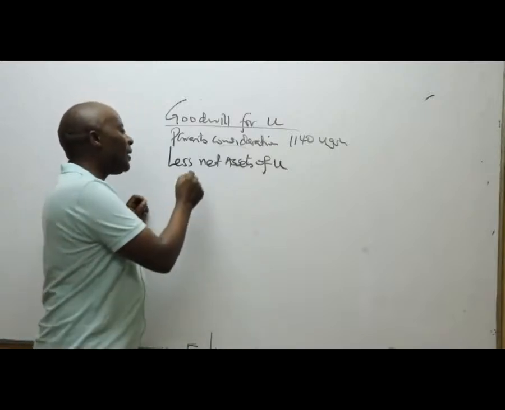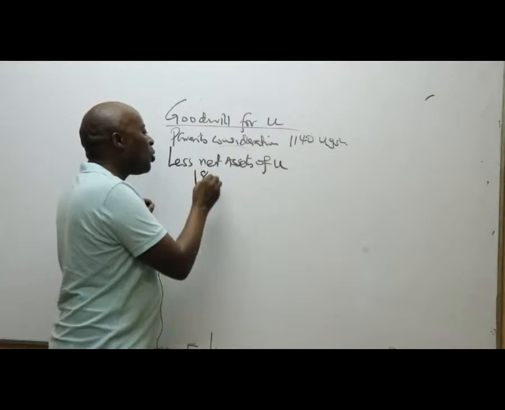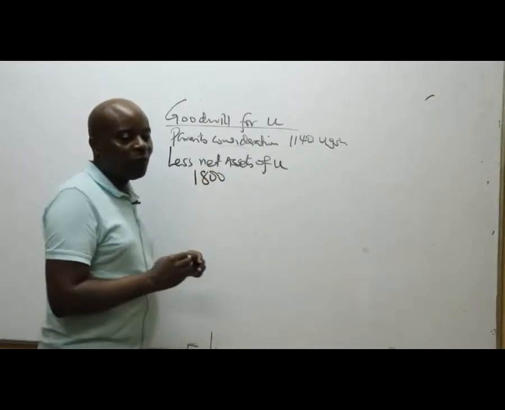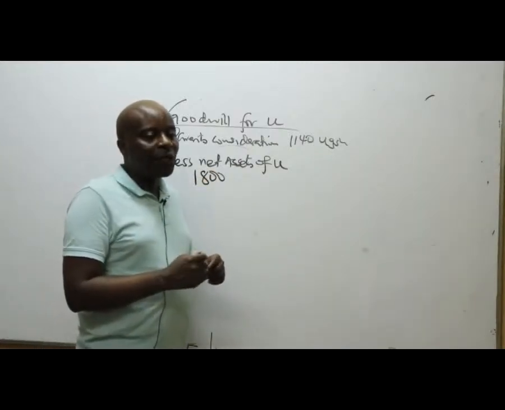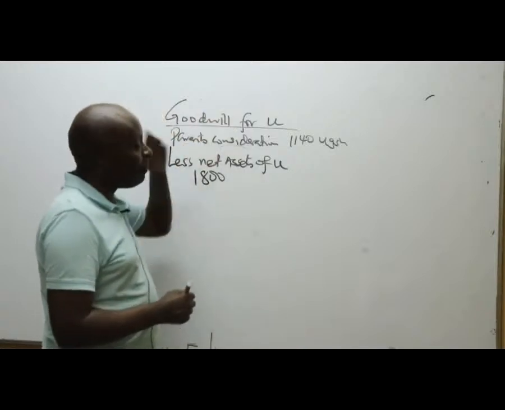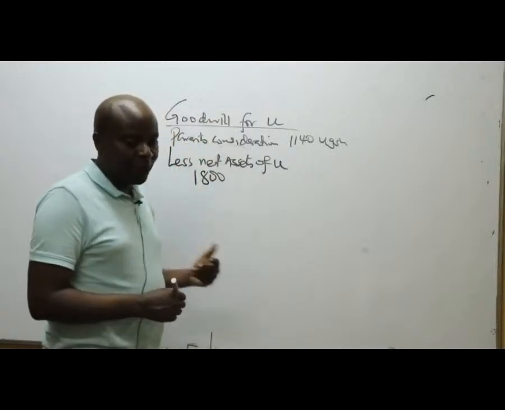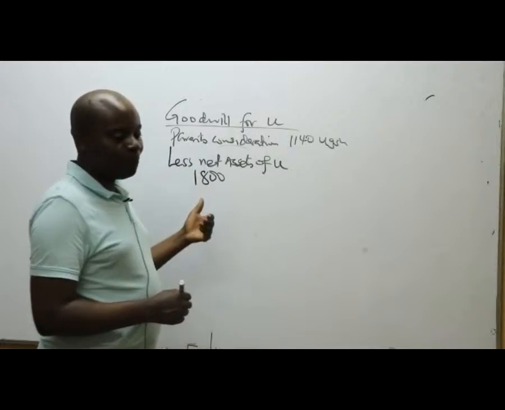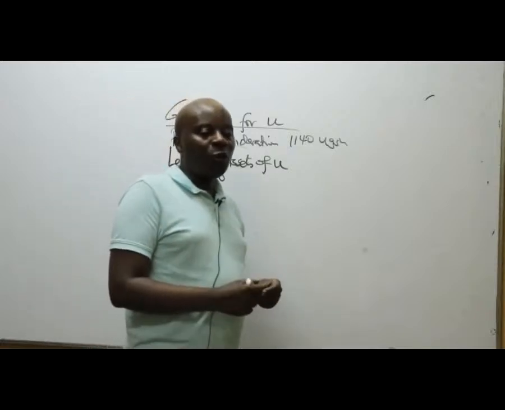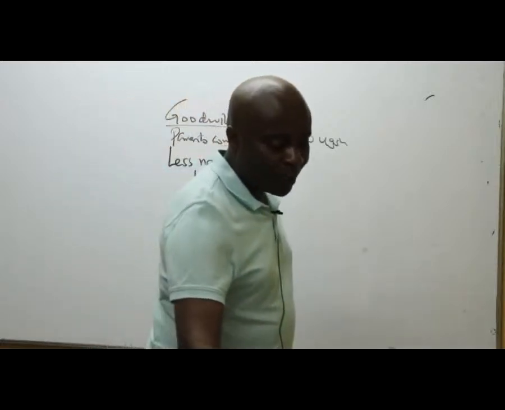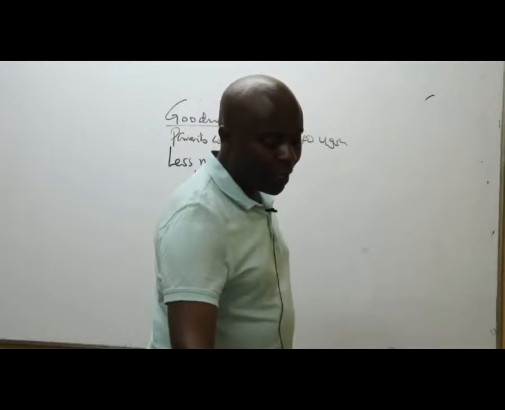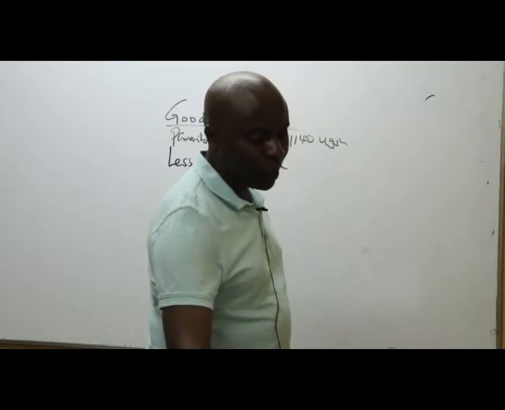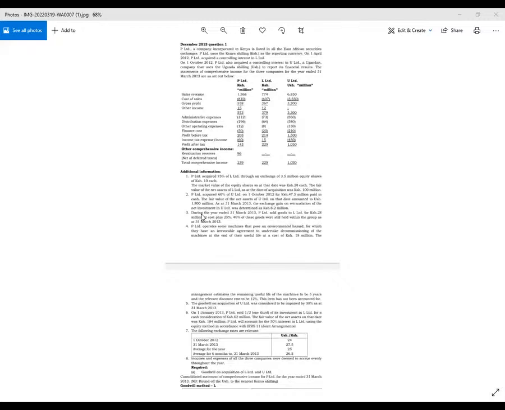But you see, this 1,800 is the full value of net assets, and yet here we need the partial. So we need to know the percentage. What percentage of Uganda did we acquire?